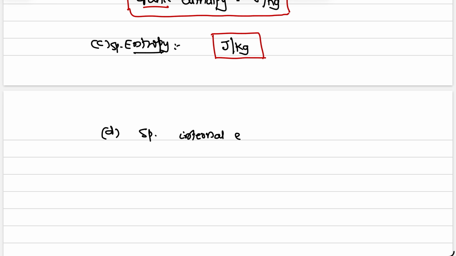You know, internal energy is the internal energy of the body, that is measured in joules. That is also joules per kg. And heat capacities we have already seen.